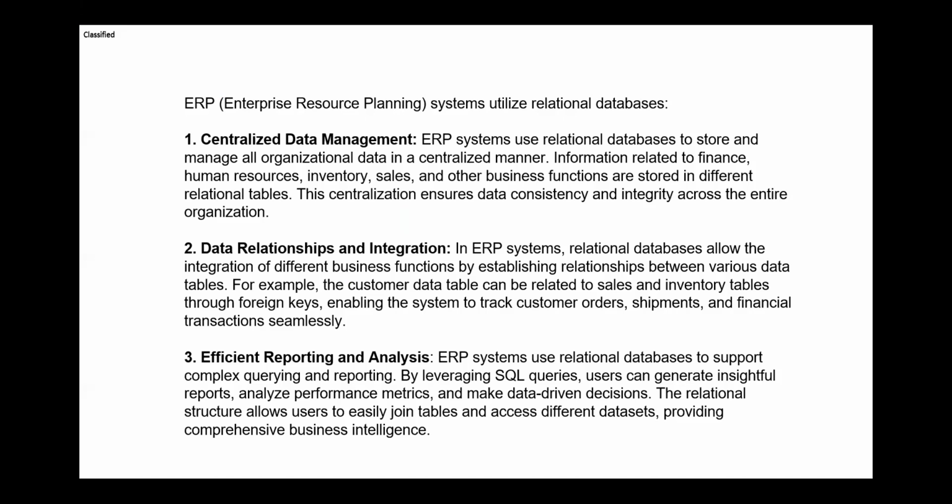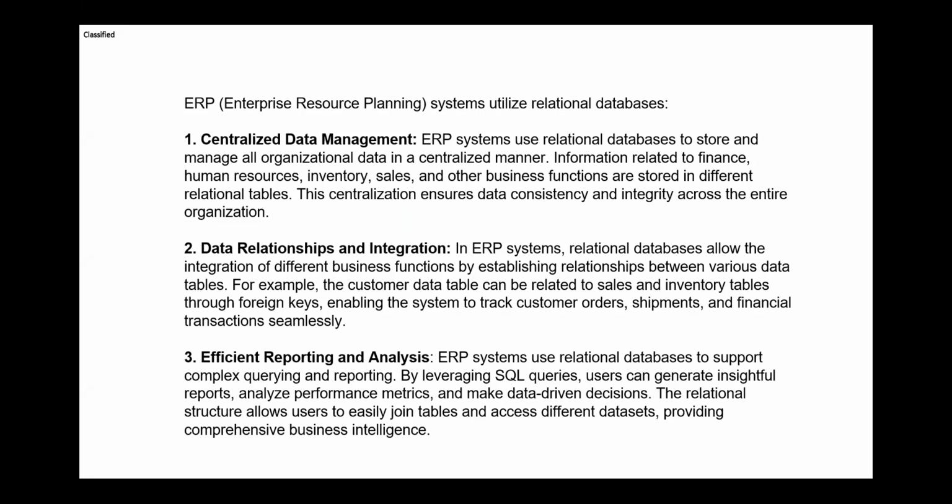Okay, so when you look at ERP systems, these mostly utilize relational databases. So you have centralized data management, which is possible because each of the tables across the organization, right from the supply chain to the manufacturing to the sales, are linked to each other through relationships.